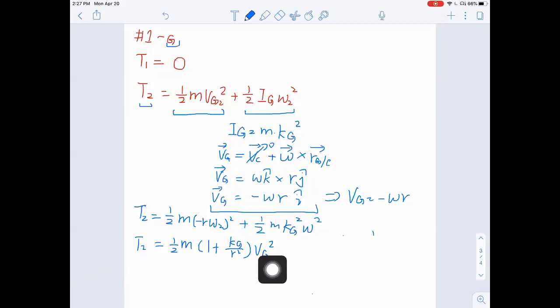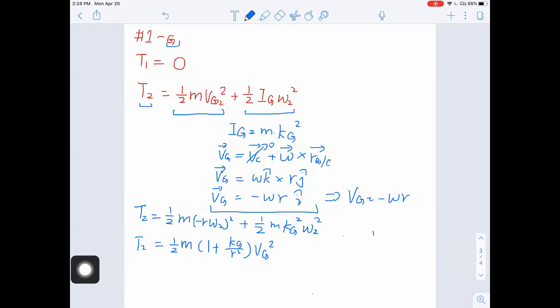From this equation to this equation, we simply replaced all the omega 2 with negative Vg over r from here. And now we end up with the expression for T2, which is the kinetic energy at position 2.